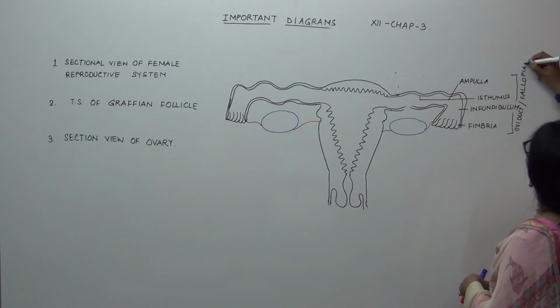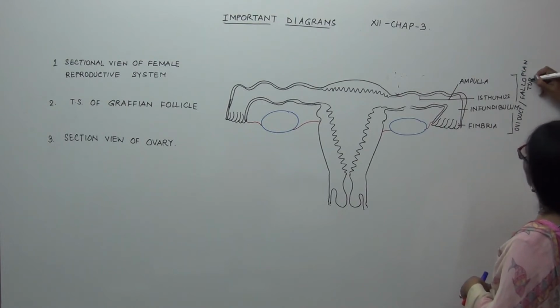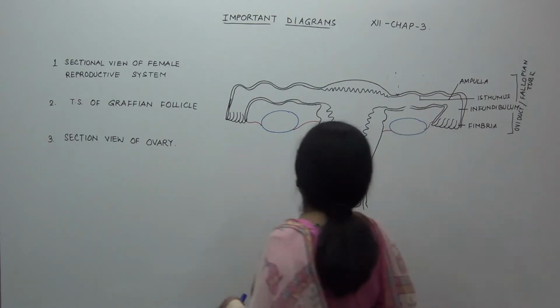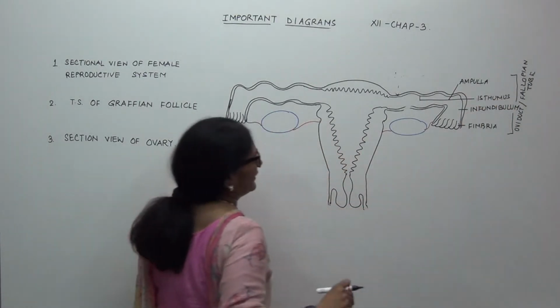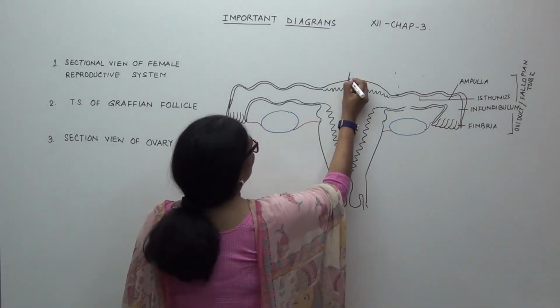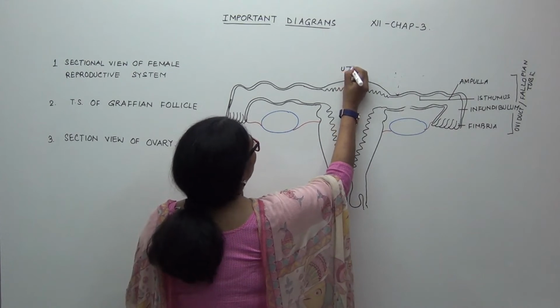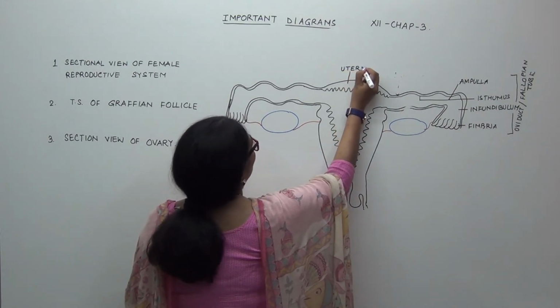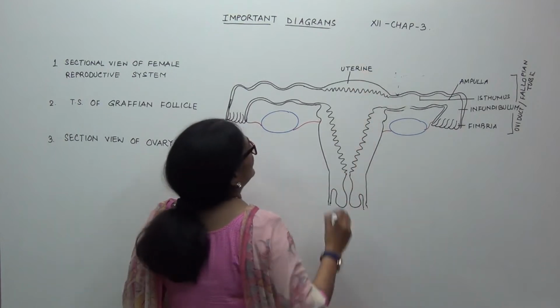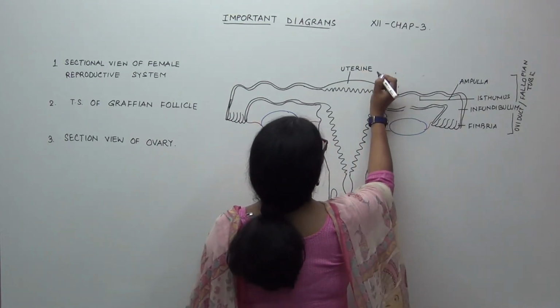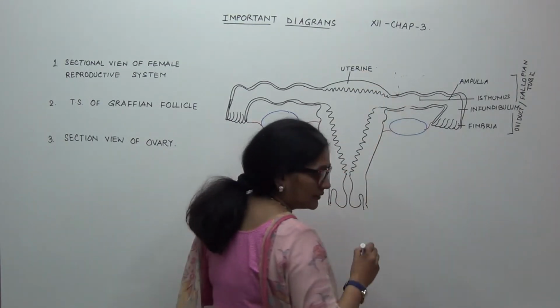Okay? Now let us come to the uterus part. Here we have 1, 2, 3, 4 and 5 labeling. Here this is called the uterine fundus.